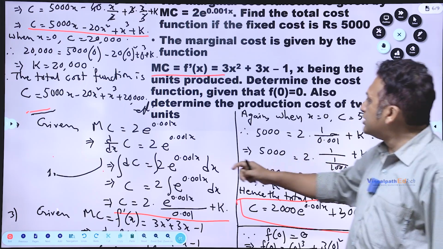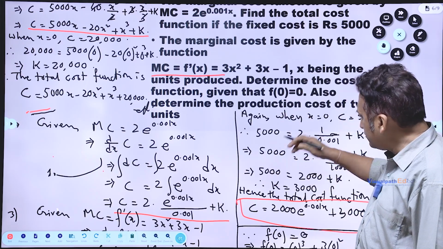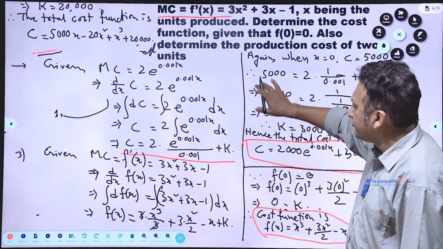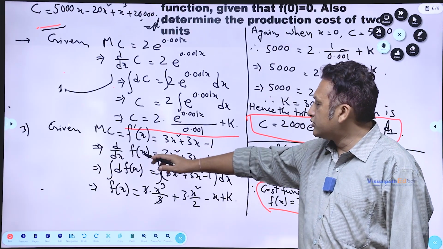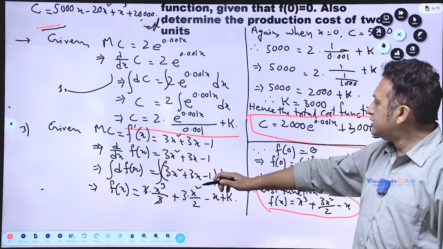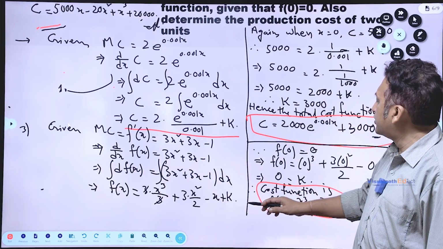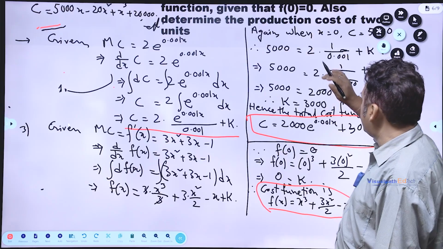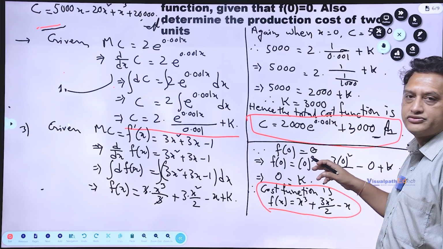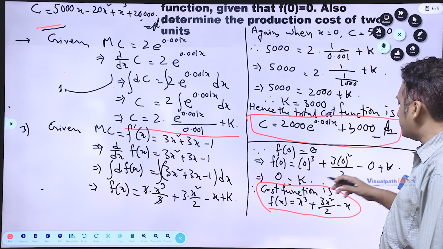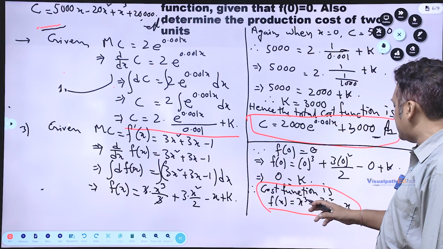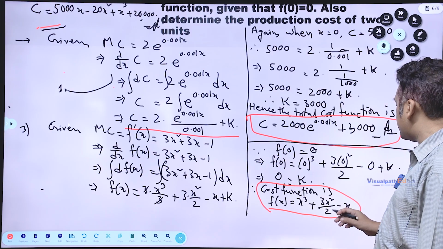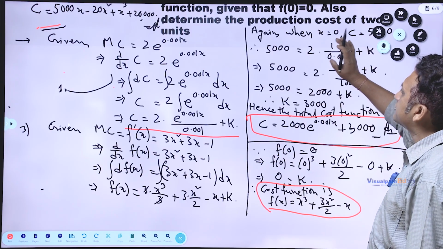So we took the marginal cost, and marginal cost is taken as d/dx of f(x). And we did the integration. We got a k. And then we applied the value f of 0 is equal to 0, and we got the value of k as 0. So therefore, the total cost function came out as f(x) is equal to x cube plus 3x squared by 2 minus x. That is the first part of the question.